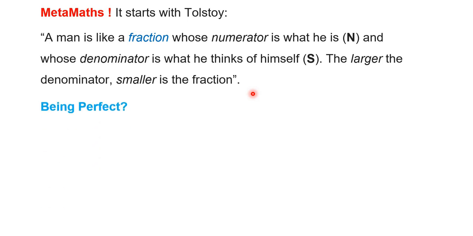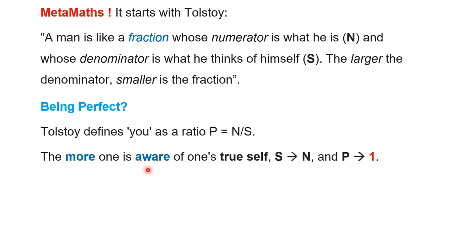Now being perfect in this spirit, what does it mean? Tolstoy defines you as a ratio P, n by s. Okay. So the more one is aware of one's true self. If you really know what you are, what the purpose of being born as a human being is, that means you are very aware of yourself and very true to yourself, right?